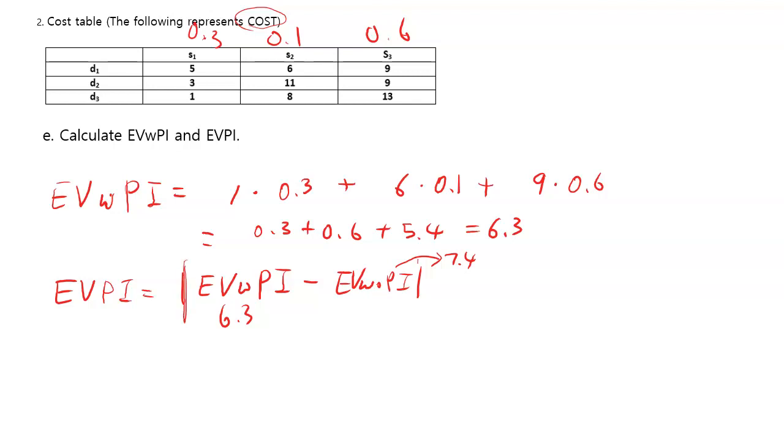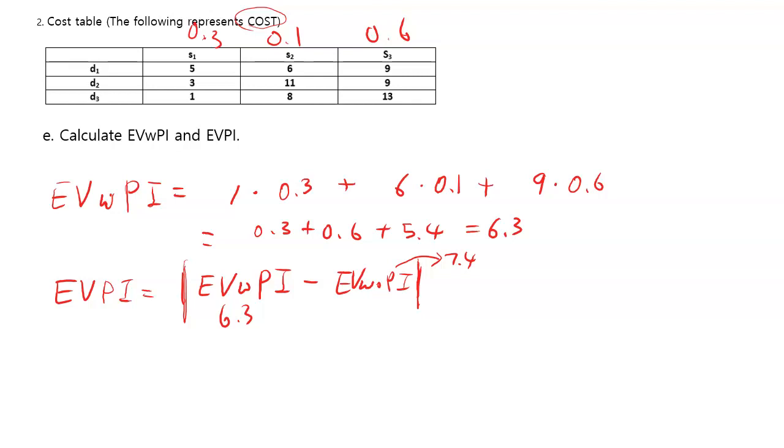If you're wondering why we needed this absolute value, it's because in the profit case, EVWPI will always be bigger than EVWOPI, so you don't need the absolute value. But when the table is giving you the cost, then EVWPI will be lesser than EVWOPI, so you need this absolute value so that you get a positive number.